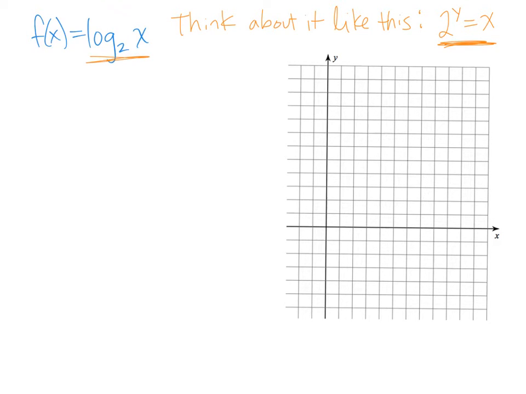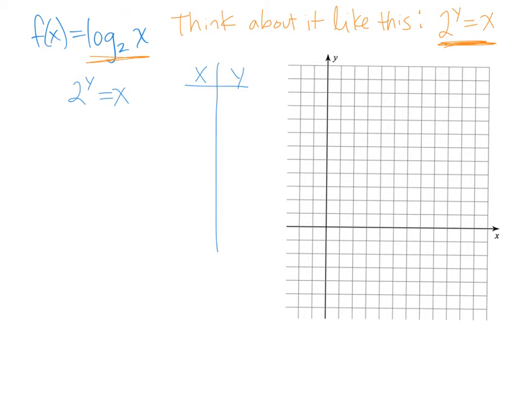Now, as in all graphs, I'm just going to make myself a table. But I'm going to do it slightly backwards, so bear with me. I'm going to write 2 to the y is equal to x. I'm not actually going to plug in my x first. I'm going to plug in my y first.